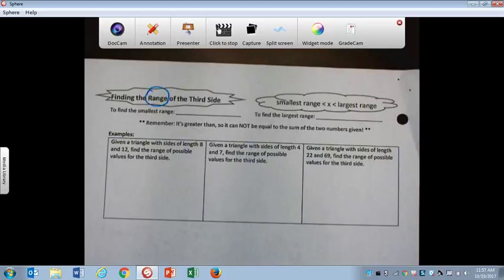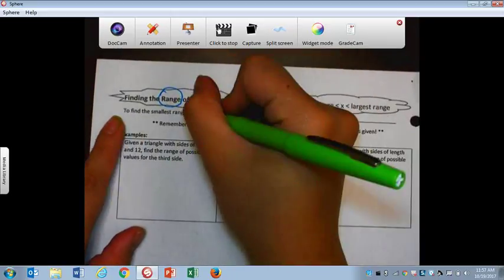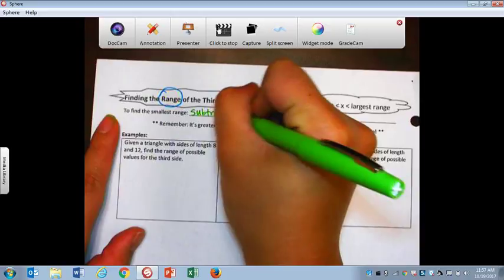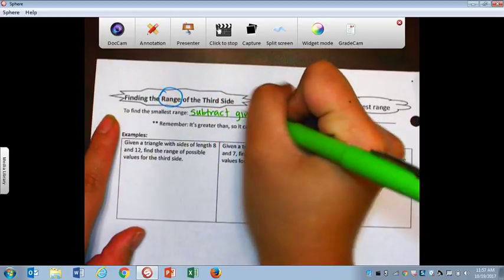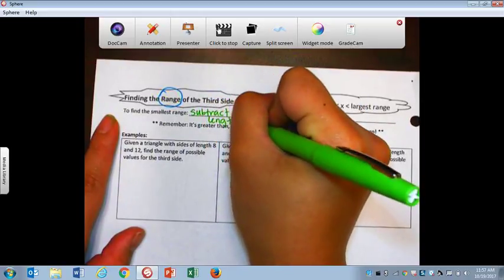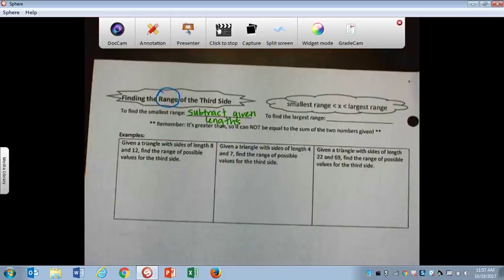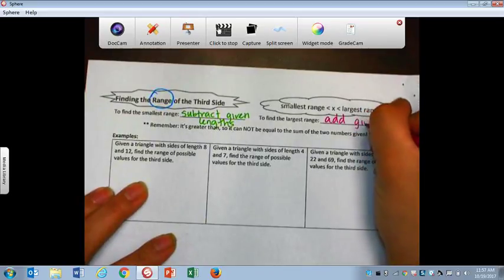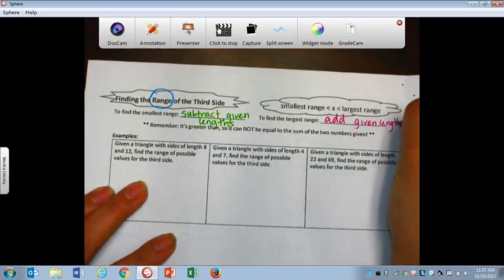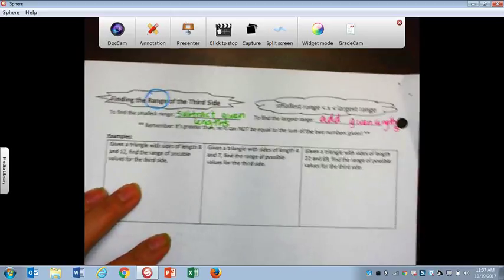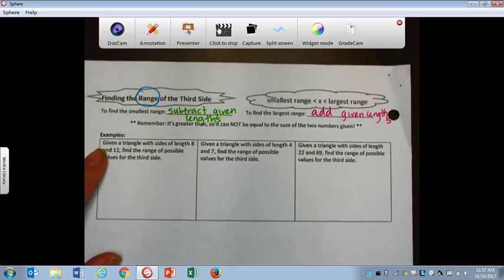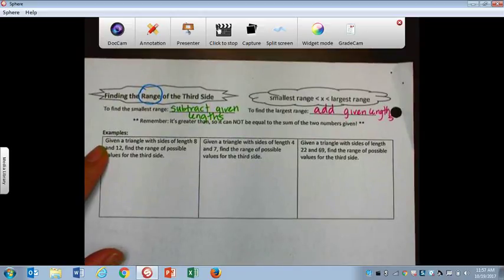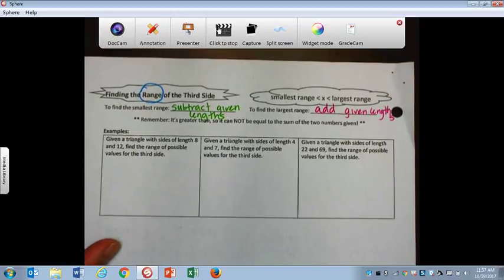To find the smallest range, you subtract the given length, and to find the largest range, you add the given length. I'm going to put an S over here. Example: given a triangle with sides of length 8 and 12, find the range of the possible values for the third side.